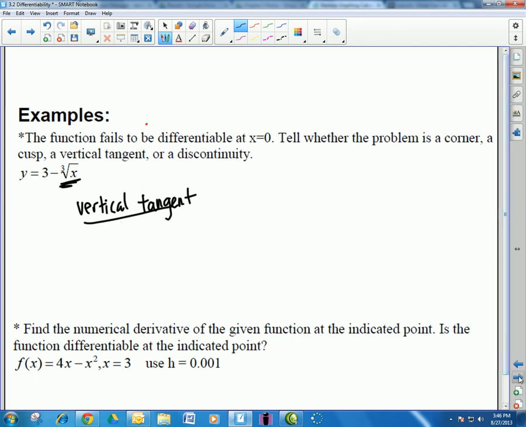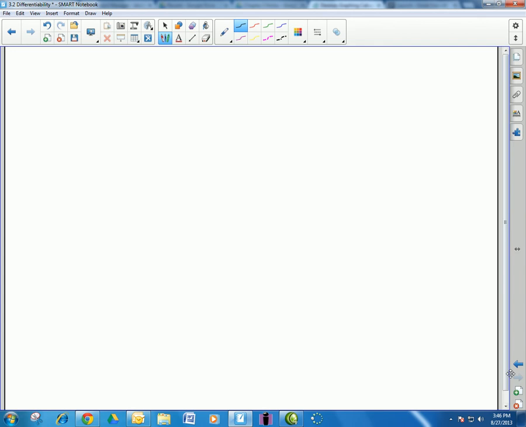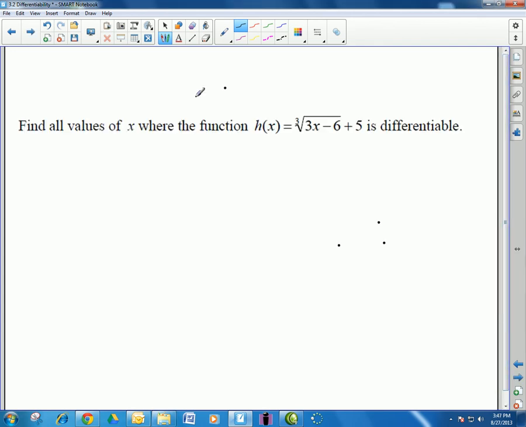And let's go ahead and do another example. Look for this example in your notes. Find all values of x where the function h of x equals the cube root of the quantity 3x minus 6, plus 5, is differentiable. The first thing we want to do is figure out where it's differentiable and where it's not. On this one, it looks like it might be a vertical tangent.